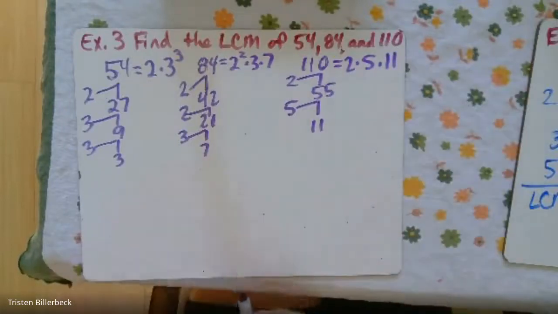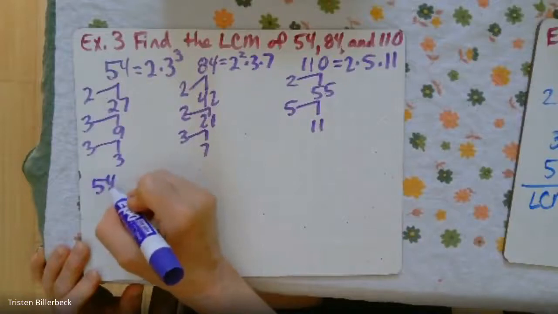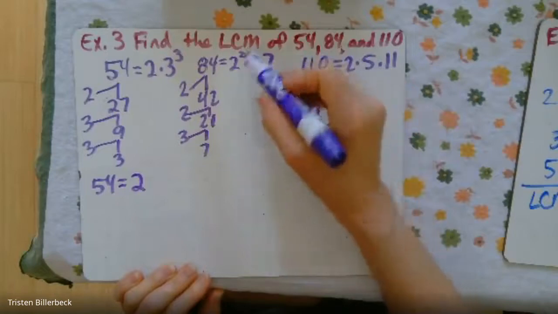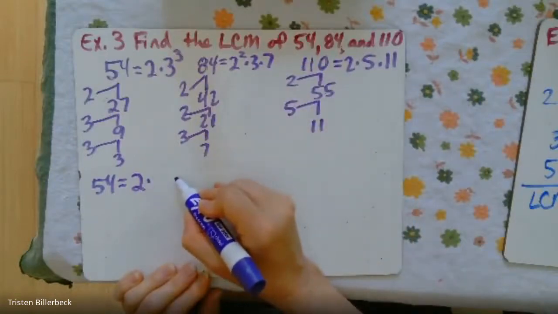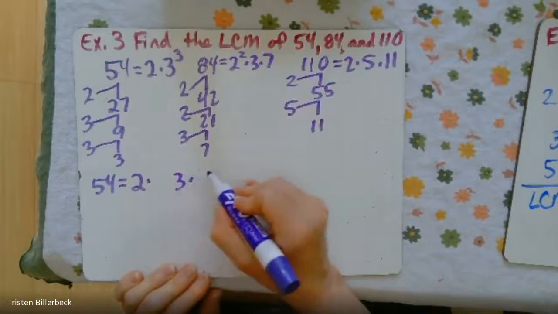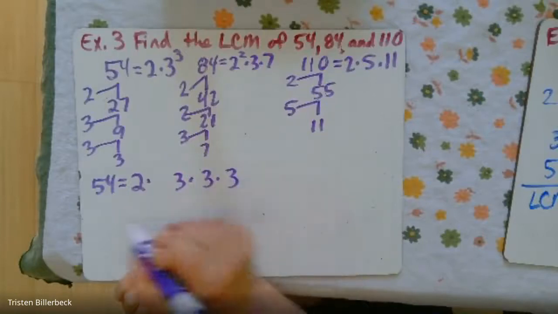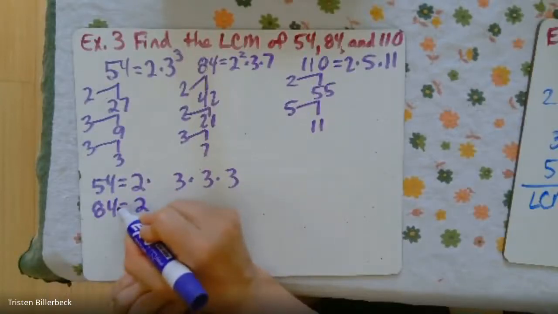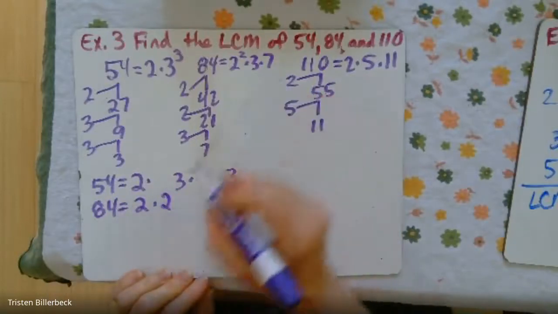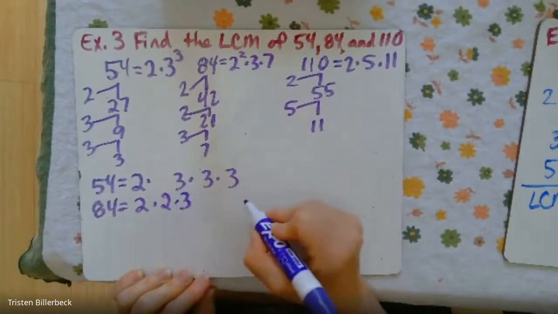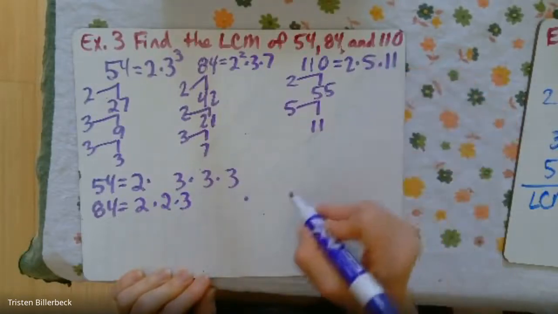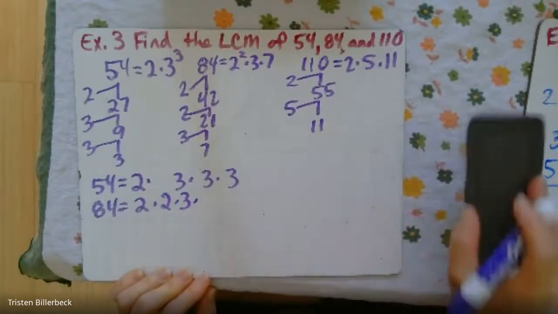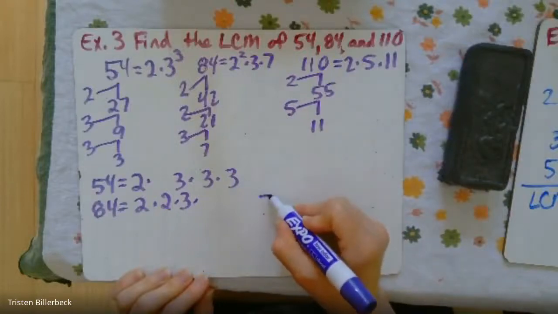So now let's write our numbers. So we have 2, and this one has 2 2s, so we want to leave a space, times 3 times 3 times 3. 84 then equals 2 times 2 times 3 times, oh, there's a 5 there, so we want to make sure that we leave some space there, and we have a 7.